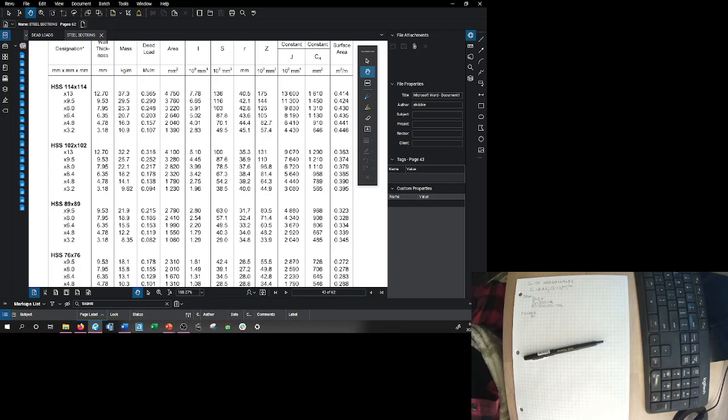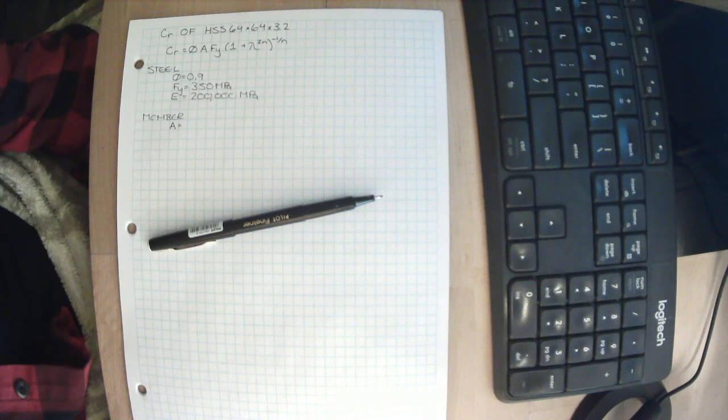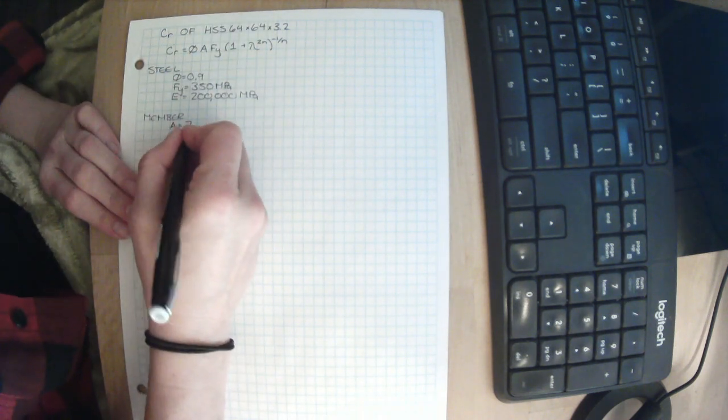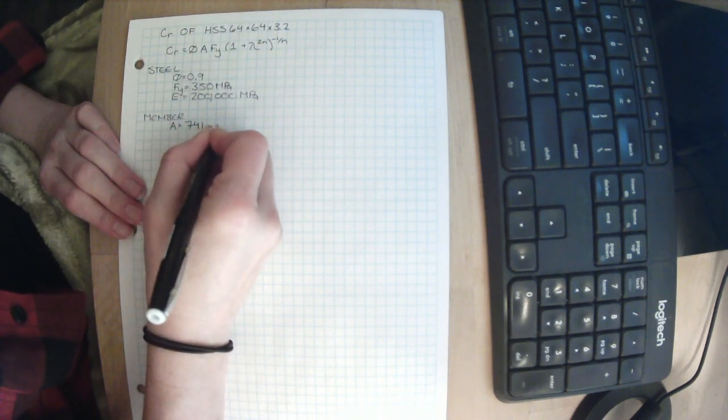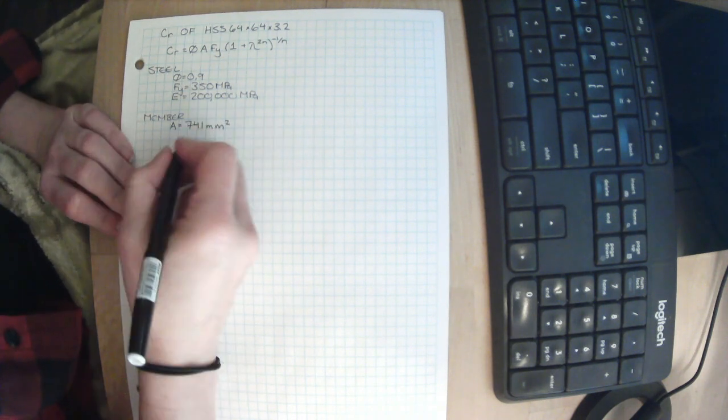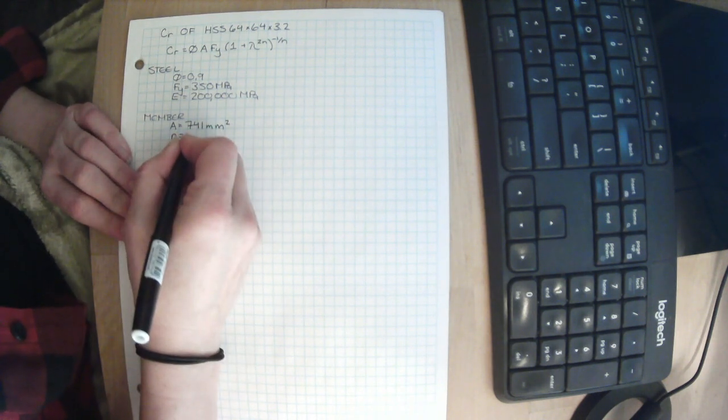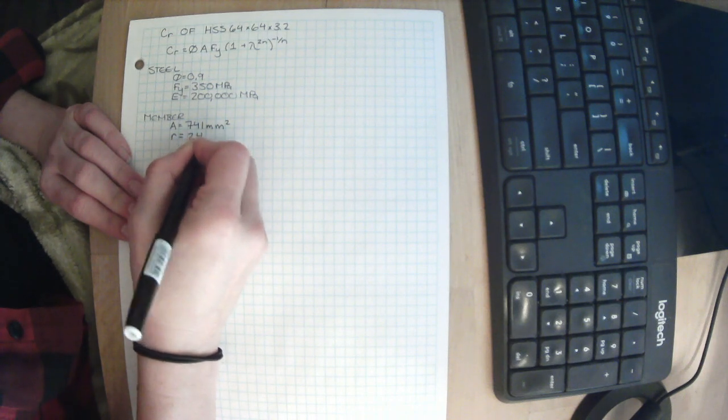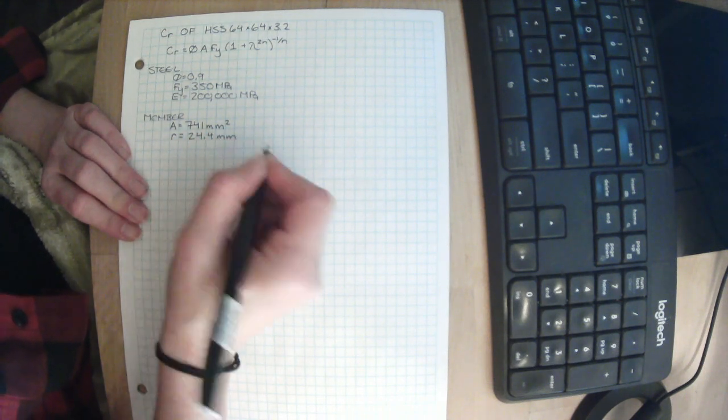Okay, so that's a weird shape property that we didn't talk much about, but we know that it's something we can look up. We could have calculated it if we wanted, but we can look it up. Okay, so we've looked up our area is 741 millimeters squared. Our R is 24.4 millimeters.